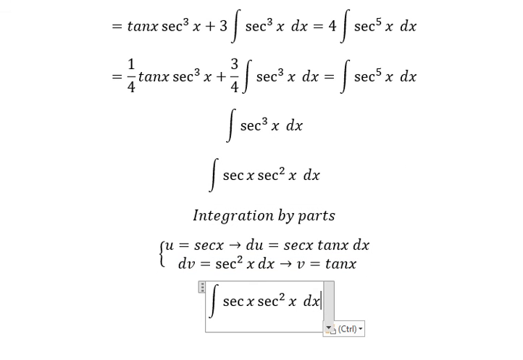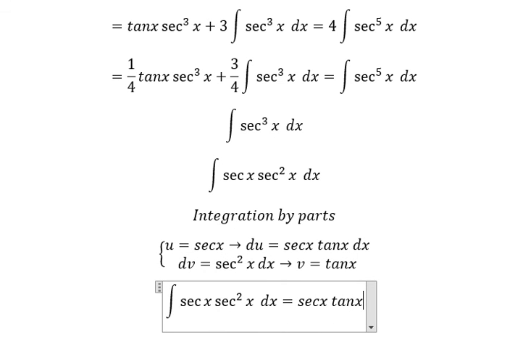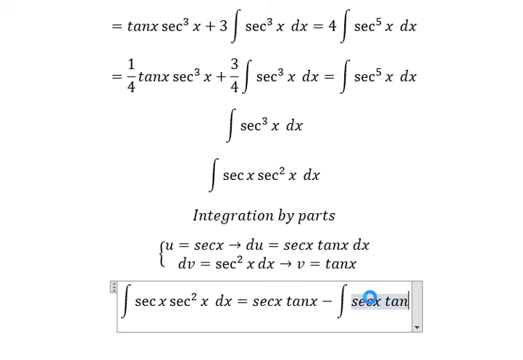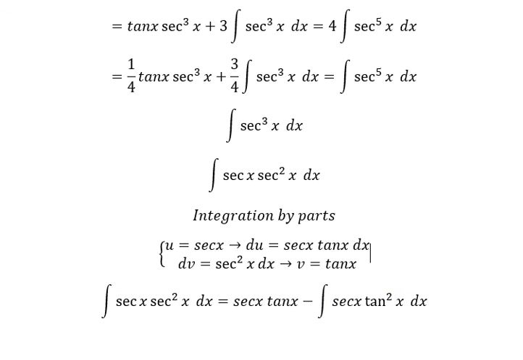So we have u multiplied by v, that is secant of s tan s minus the integration of v multiplied by du, so we have the integration secant of s tan s squared ds.